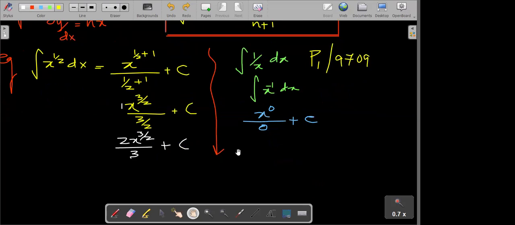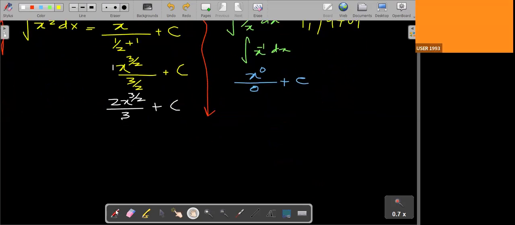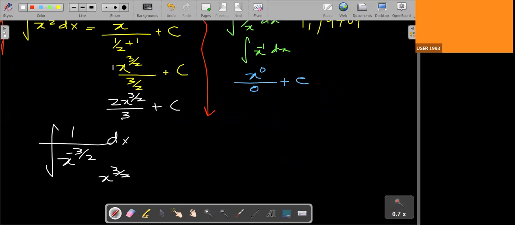No. Right. But you may get something like this. You see here, 1 over x to the power minus half. Sorry, I'll just go with -3 over 2. So what are you going to get? When you bring it up, it's x to the power plus 3 over 2.